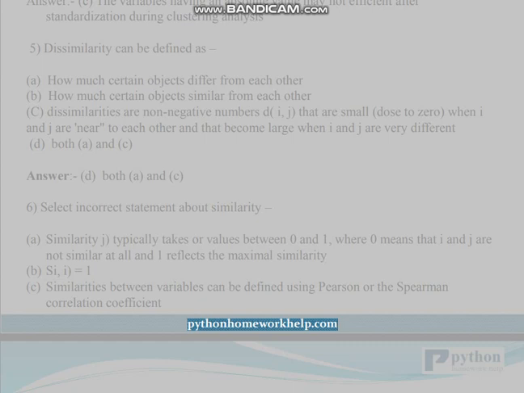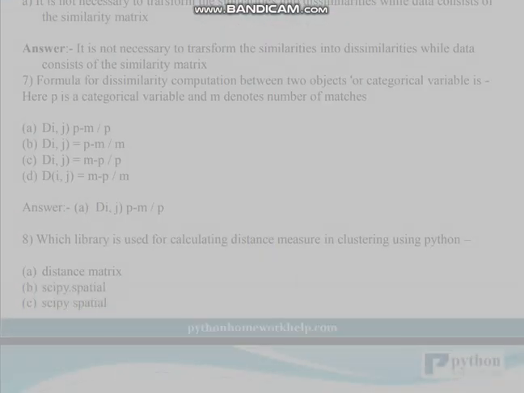D. It is not necessary to transform the similarities into dissimilarities when data consists of the similarity matrix. Answer: It is not necessary to transform the similarities into dissimilarities when data consists of the similarity matrix.